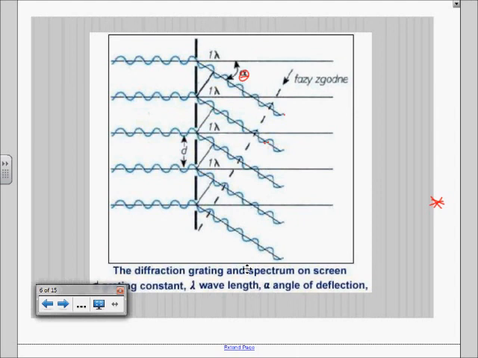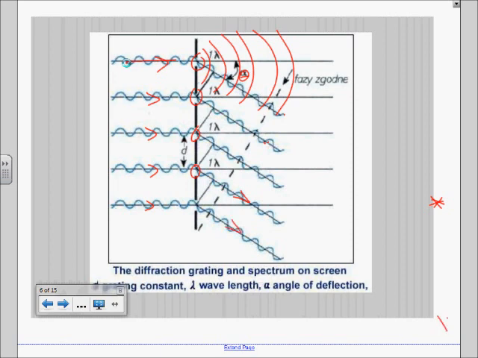This diagram should give us some idea of just what's going on here. So what we've got is our parallel beams of light here, rays of light, incident on each of these slits. And then the rays radiate out in all directions, just like we saw with our water waves. And what we're choosing to do, though, is to focus in on a particular direction in which those rays are traveling out.